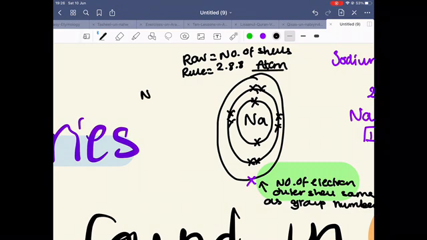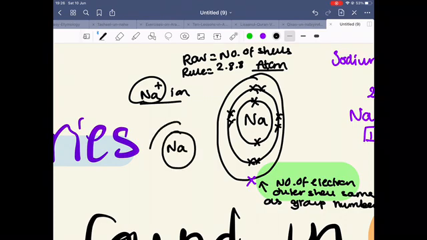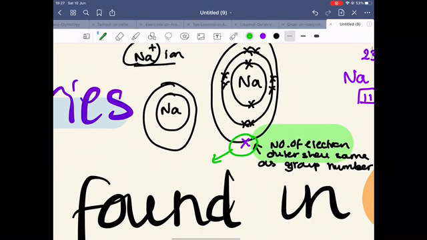And this is what the atom is, but you also need to know what the ion looks like. So when a metal such as sodium forms an ion, because it has 1 electron on the outer shell and it needs to have 8 to be full and to be stable, instead of gaining 7, metals such as sodium, anything in group 2 and group 3, they lose electrons.